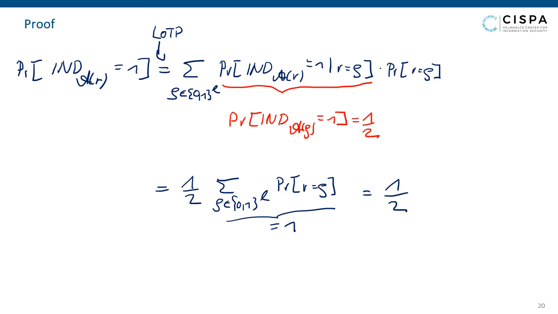So what we've done in this last proof is essentially use the law of total probability to de-randomize the analysis of the winning probability of a randomized algorithm A. And yes, this was a long proof, as I announced earlier, and now we're done with it.